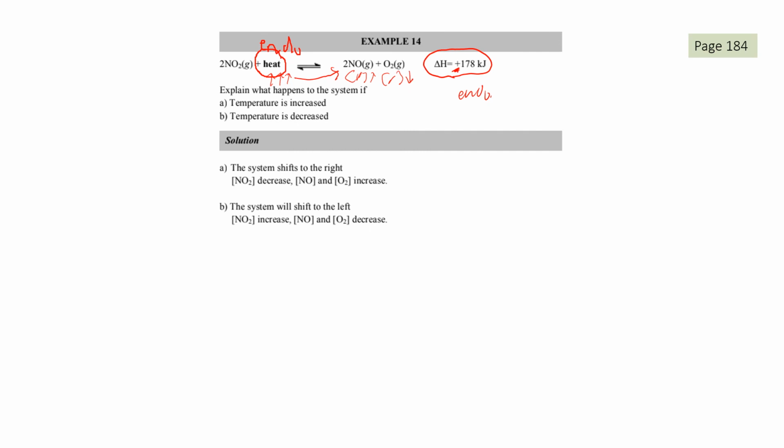So, maksudnya the amount of the heat awak berkurang. So, bila heat awak berkurang, produk awak akan cuba reproducekan the lost heat yang ada. So, dia akan shift from right to left. Hasilnya awak akan observe the concentration of the product will be decreased and then the concentration of the reactant will be increased.